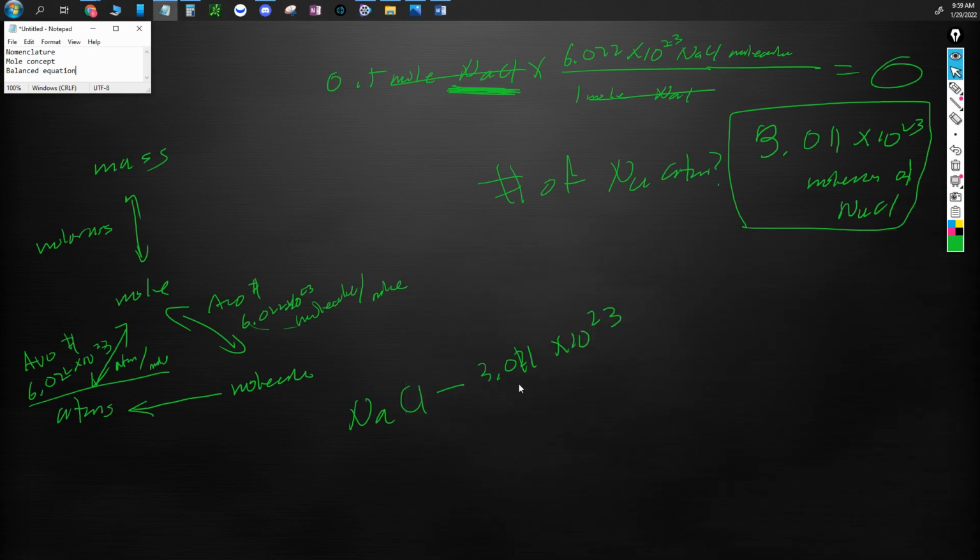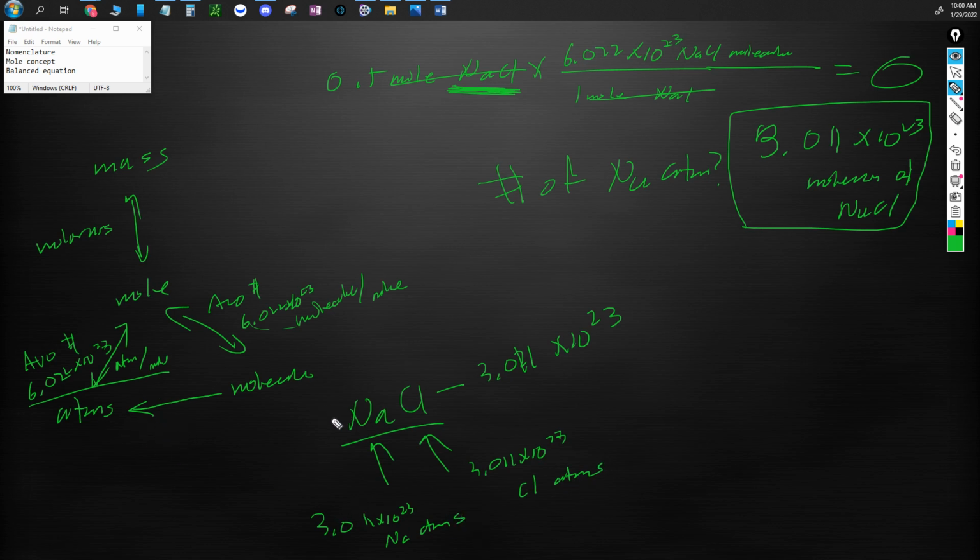And NaCl is made out of what? One of that and one of that. That means we have 3.011 times 10 to the 23rd Na atoms, and also 3.011 times 10 to the 23rd chlorine atoms, right? That's how you can tell.